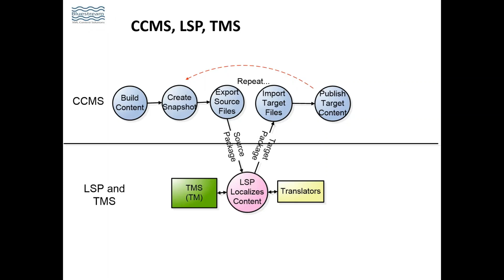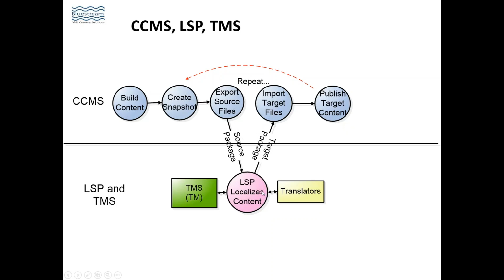So here we have the general flow of localization, and it starts with some sort of content somewhere, in this case in a content management system. You basically build or author the content, and then at some point you create a snapshot of that content and export that, and then you send that package to the LSP.